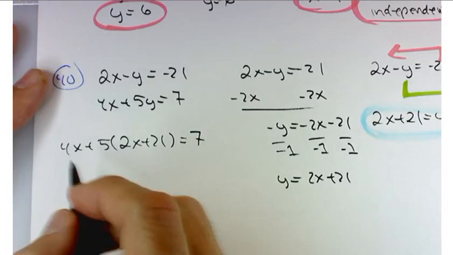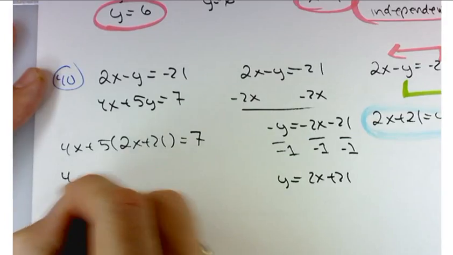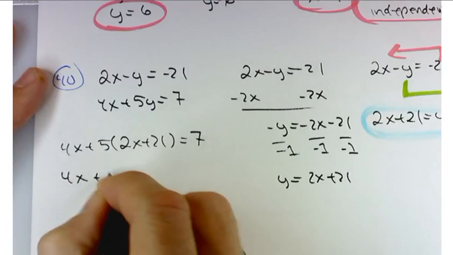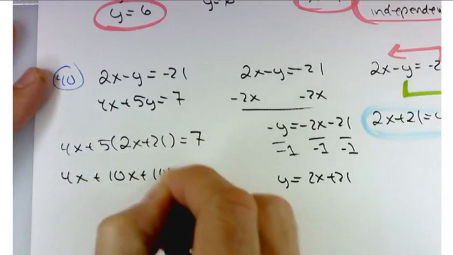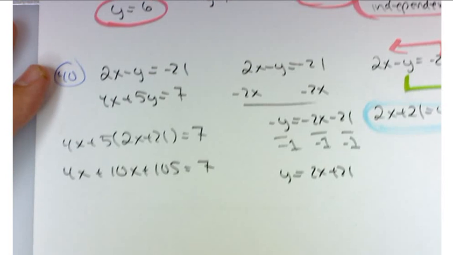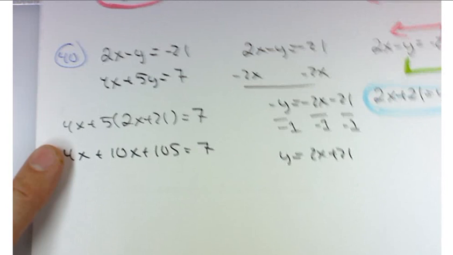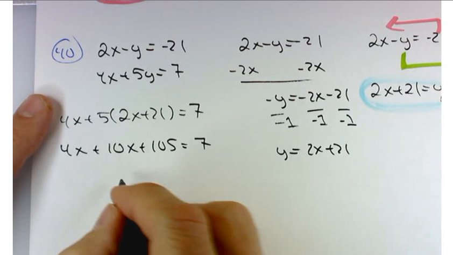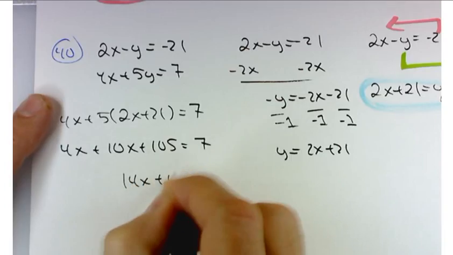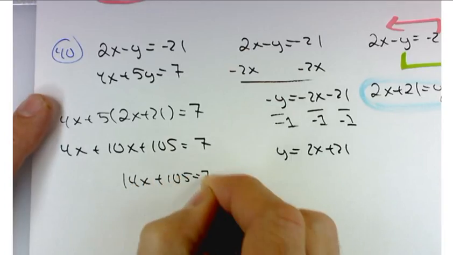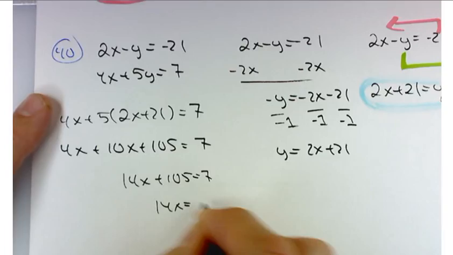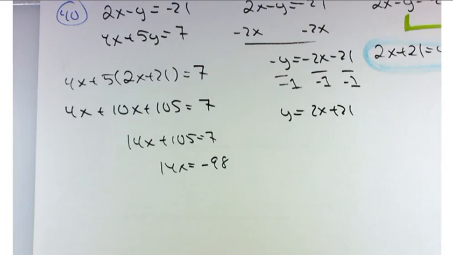Okay, well, that's going to be 4x plus 10x plus 105 equals 7. Combine like terms. 14x plus 105 equals 7. 14x equals negative 98. That is, subtract 105 from both sides.